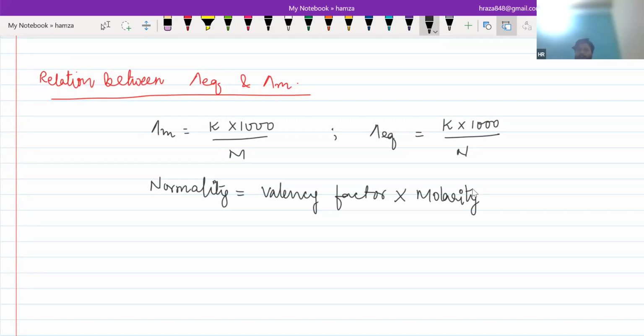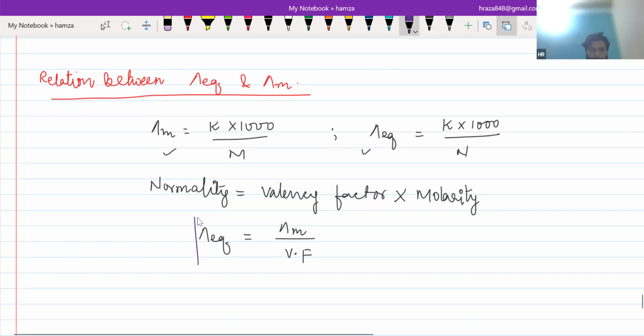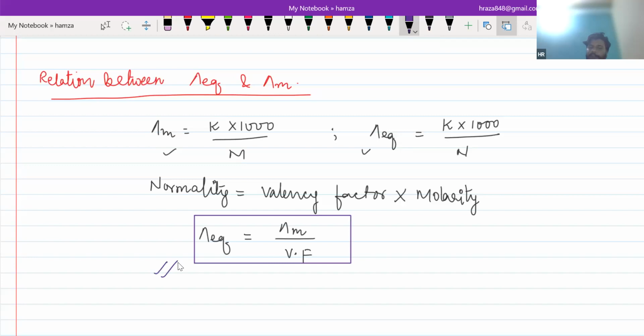Valency factor is basically charge. So from this we can write, after solving, equivalent conductivity will be equal to molar conductivity upon valency factor. Please write this. And after this, we are going to do this in terms of molar conductivity also.